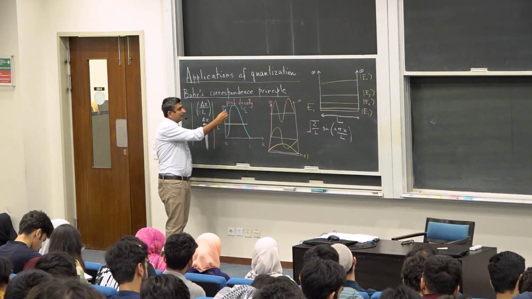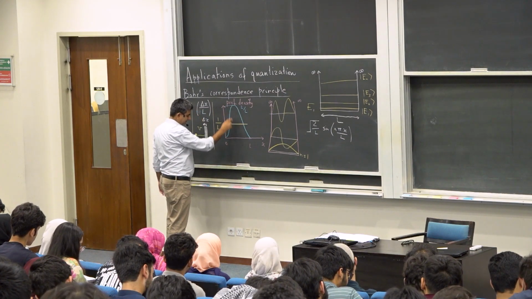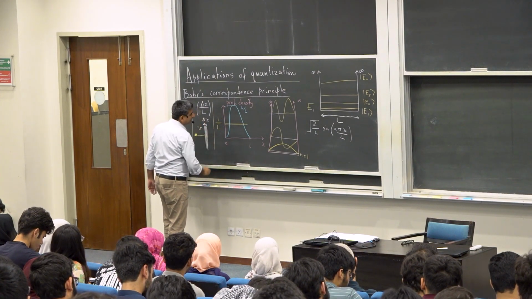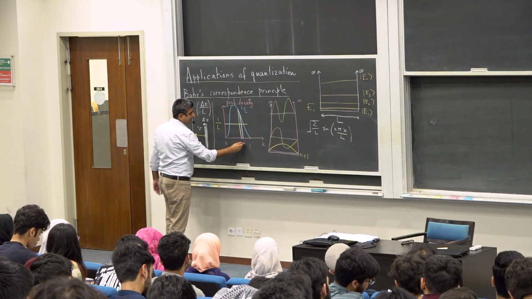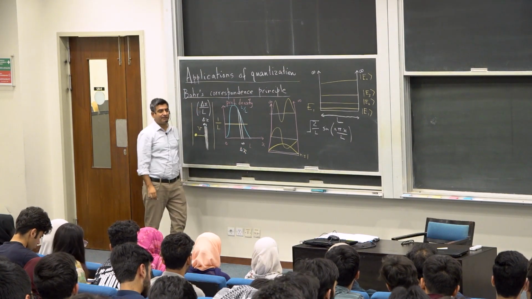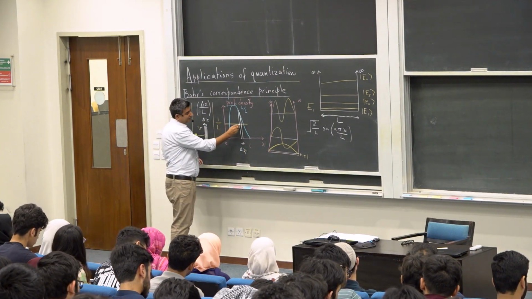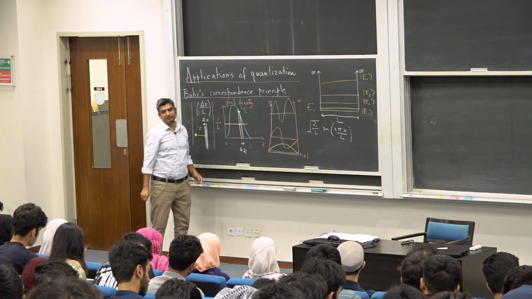Now, this probability of locating the particle, say in some region of space, let me take a narrow region of space, this region, delta x, is wildly different between the classical and the quantum regimes.